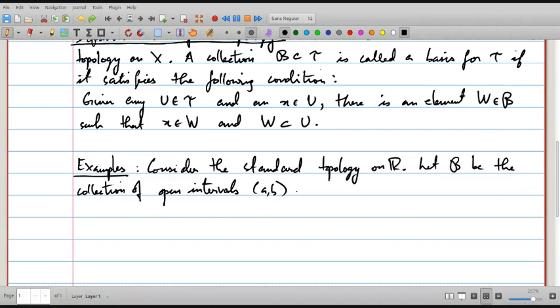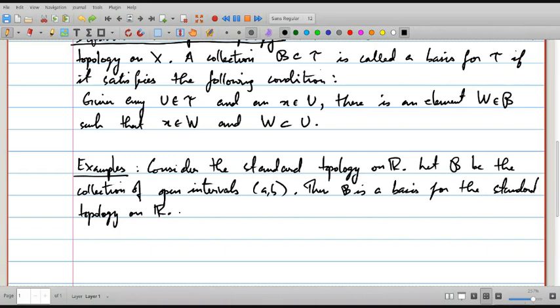Then B is a basis for the standard topology on R.